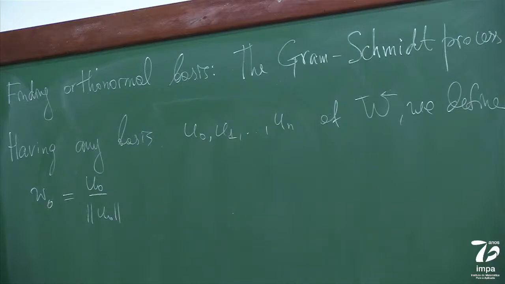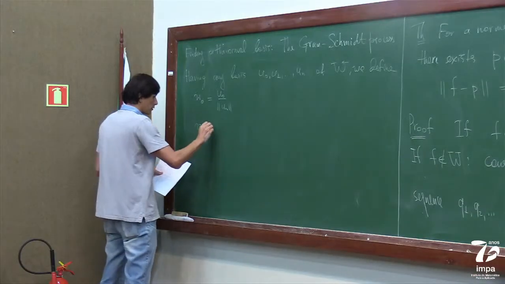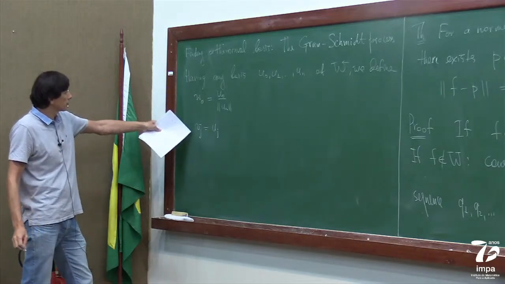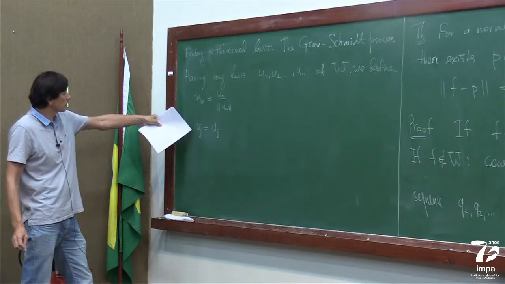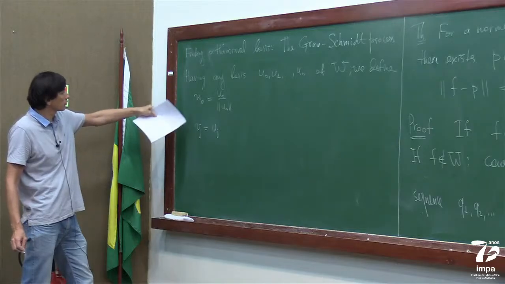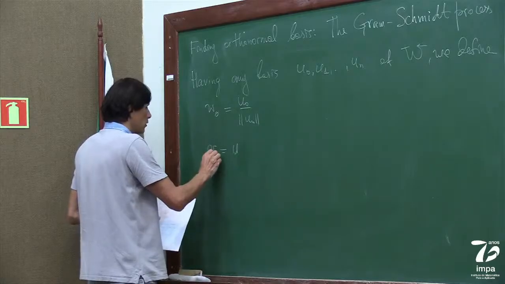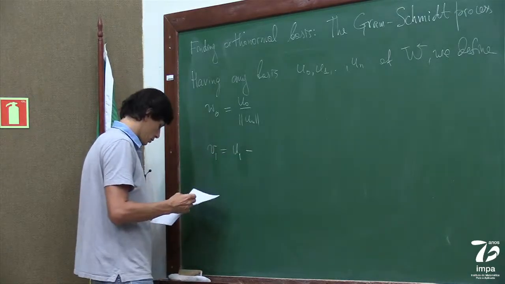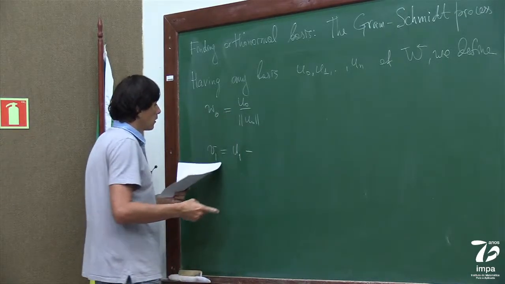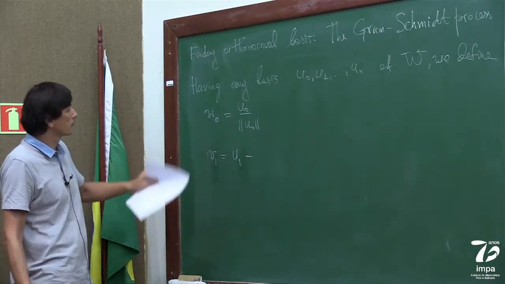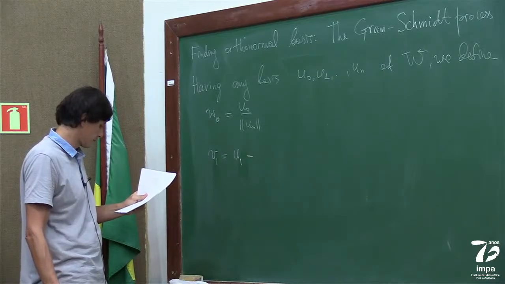And for the next, you take first Uj for any index higher than 0. What you do is sequential for 1, 2, 3. Well, let's do just for the first. So for the first, what we do is we subtract the component which is parallel to the previous one.